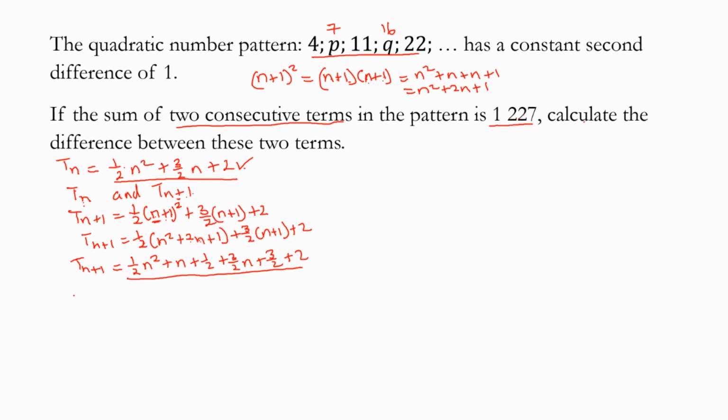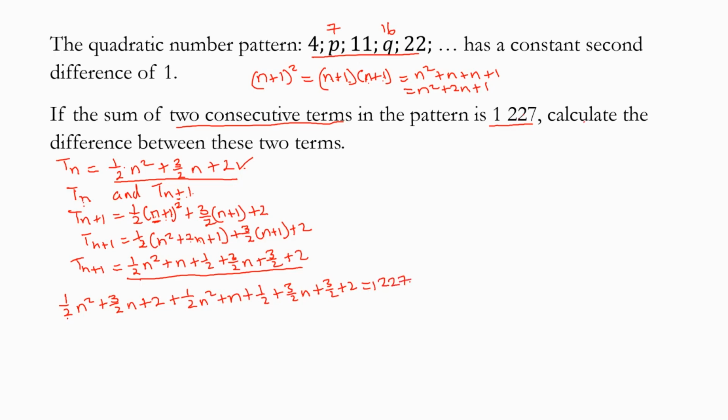So let's add them and equate these two to 1227. We have Tn, which is 1 over 2 n squared plus 3 over 2 n plus 2, then plus this Tn plus 1, which is half n squared plus n plus 1 over 2 plus 3 over 2 n plus 3 over 2 plus 2, is equal to 1227.